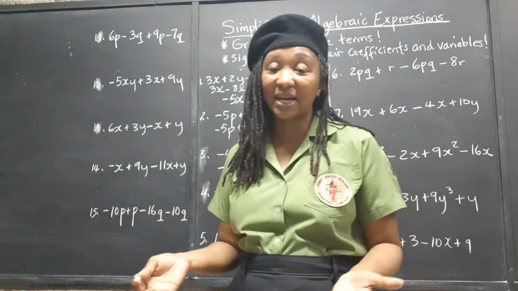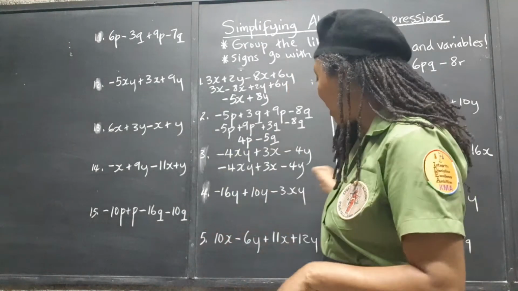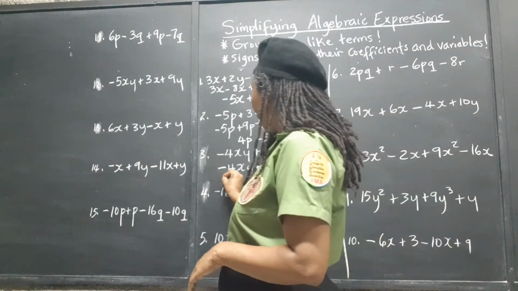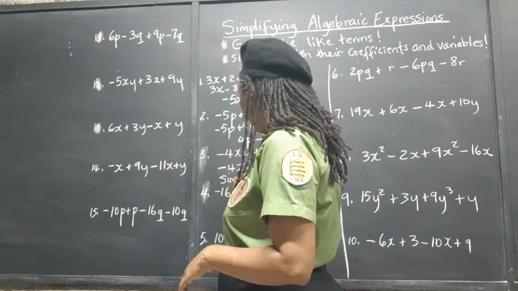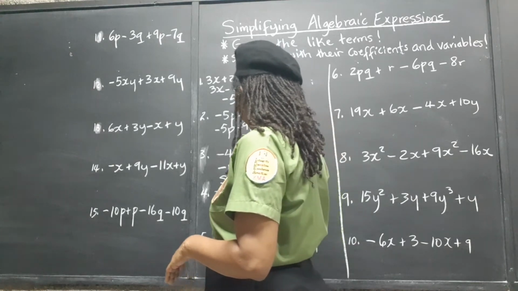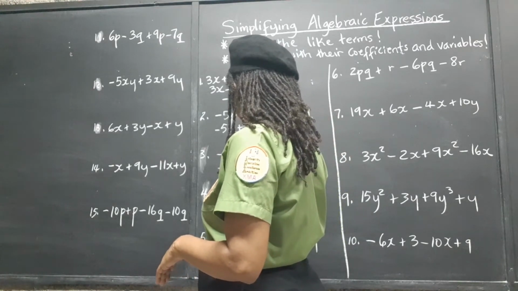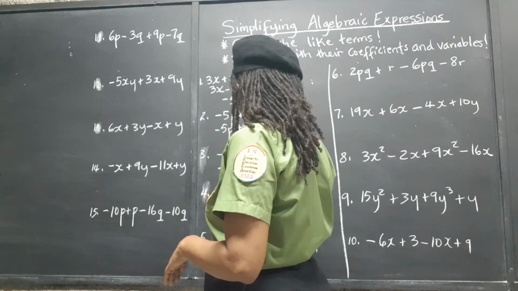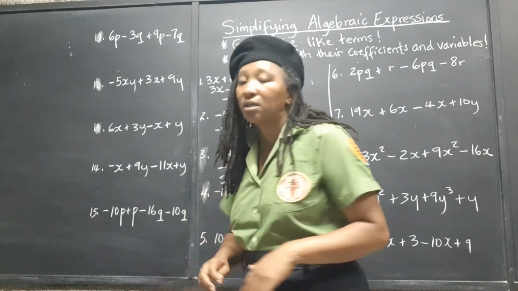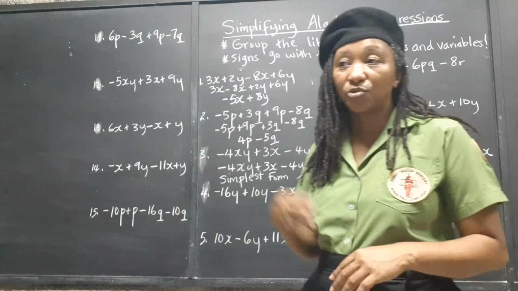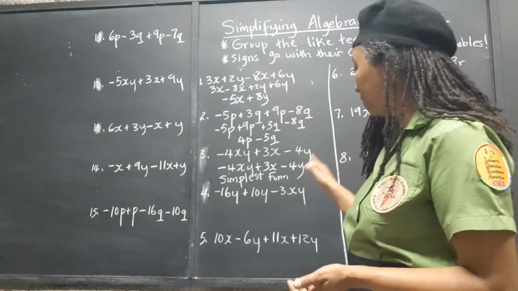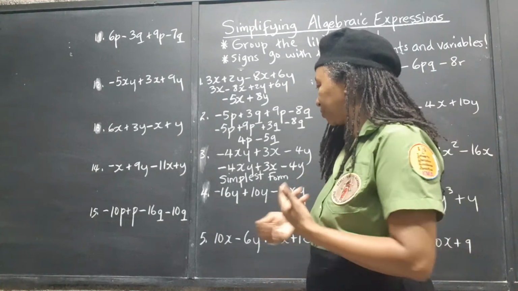Just write it back, or you can make a note to say simplest form, right? So that your teacher doesn't just feel like you wrote it but you don't know what to do with it. So you're going to say this is in the simplest form.